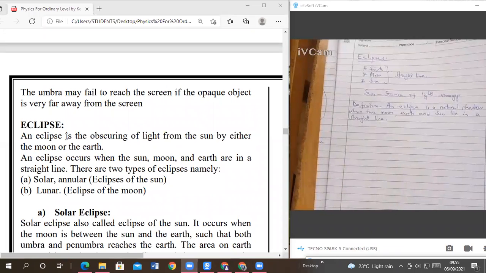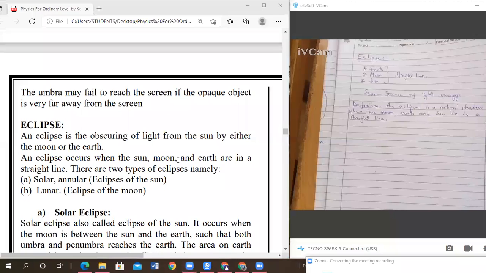So we said an eclipse is the obscuring of light from the sun by either the moon or the earth. When does an eclipse occur? Members, when does an eclipse occur from the video we have watched?